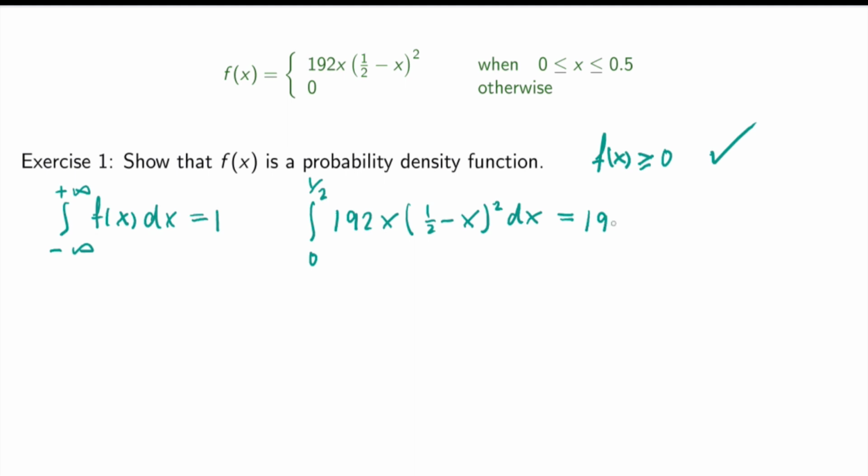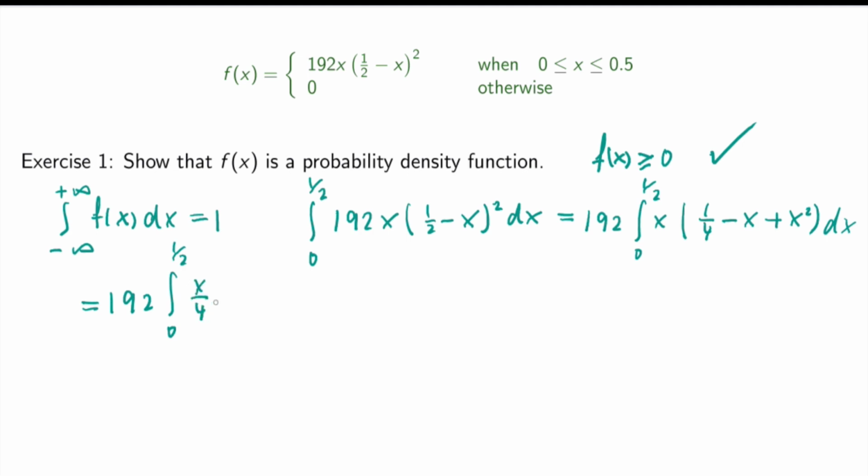I take the 192 out to the front, integral from 0 to 1/2, and then I do the square first of all. So then I get a quarter minus x plus x squared dx. I multiply by the x: 192, integral 0 to 1/2, x over 4 minus x squared plus x cubed dx.